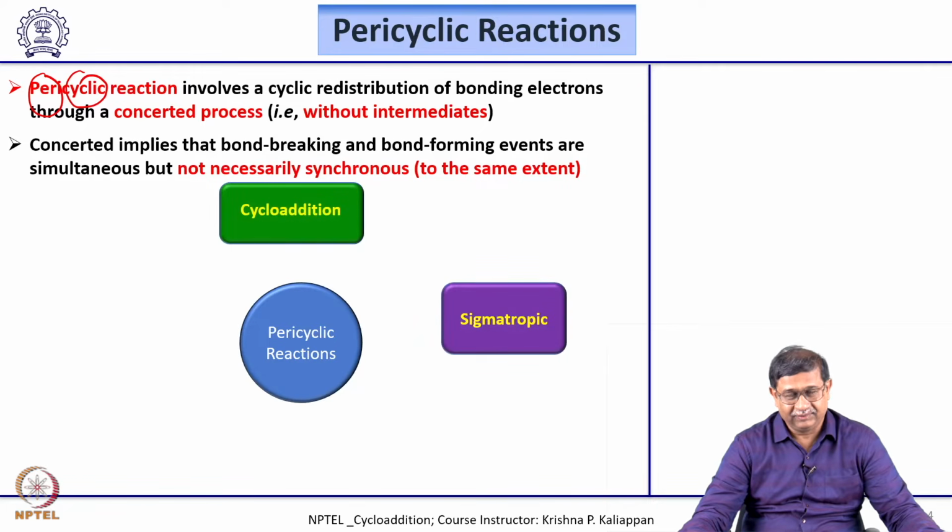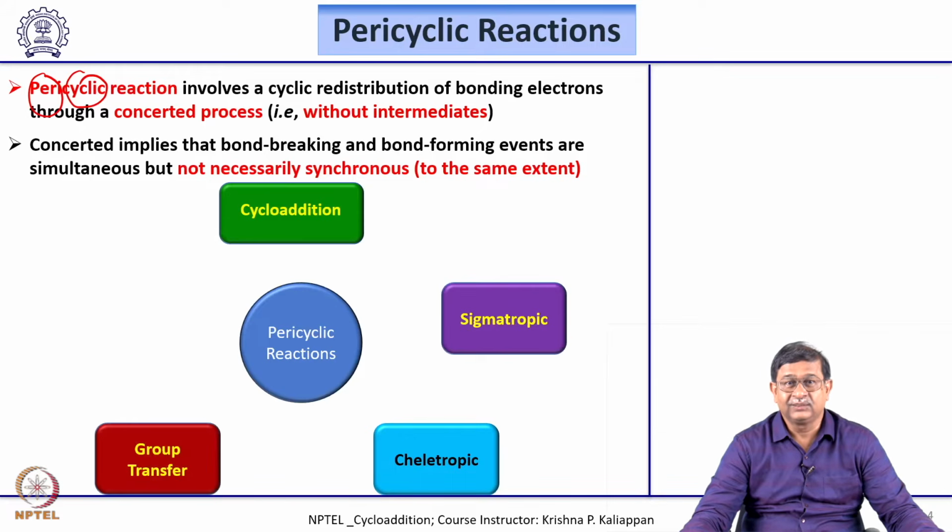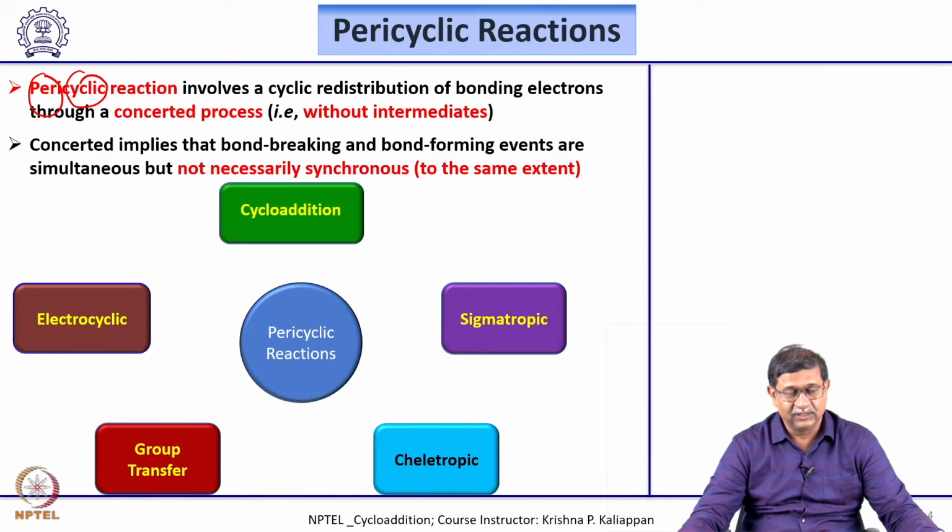Two, we have sigmatropic rearrangement. I am sure many of you would have studied 3,3 sigmatropic rearrangement like Claisen, Cope, etc. Then we have chelotropic reaction, which is mostly elimination reaction. Then group transfer reaction, where groups are transferred from one atom to another. And finally electrocyclic reactions.